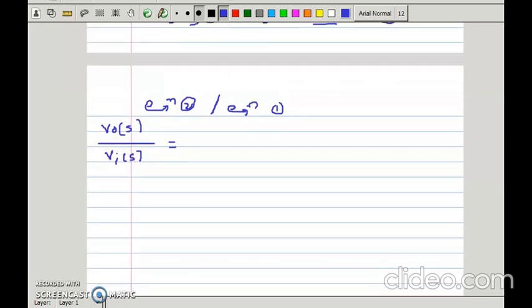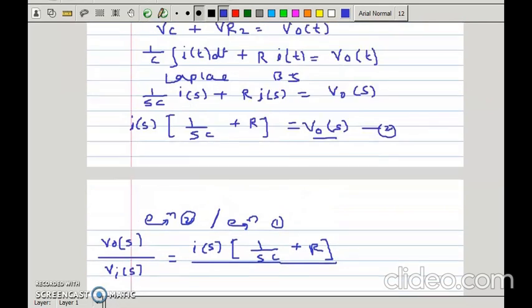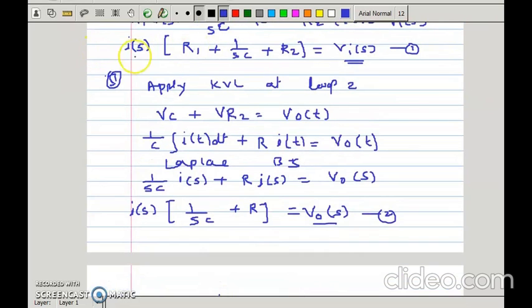Or the Vo of S here, see, it is I of S in bracket 1 upon SC plus R. Okay, and what is equation number 1? See, in equation number 1, I of S times R1 plus 1 upon SC plus R2. Okay, I think something is missing here. This is R2, right? This is R2.